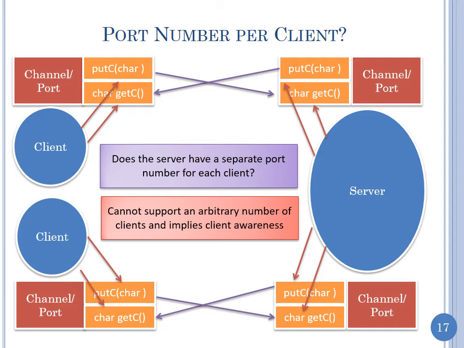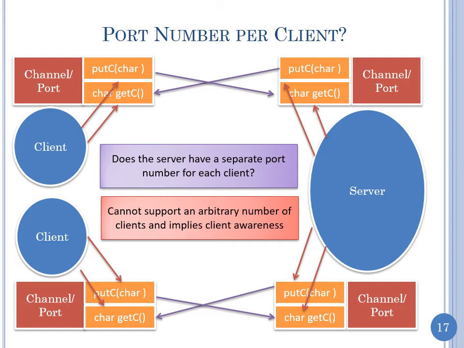So the question is, how can we have a single port number and yet be able to create multiple private channels to a server? If you've ever used distributed communication before, you know the answer. If you haven't, you'll have to use your imagination. But this is where those of you who've done networking should have an edge, and a lot of you who haven't done networking have also done some distributed communication. So think about this question now. The server is running on a host.